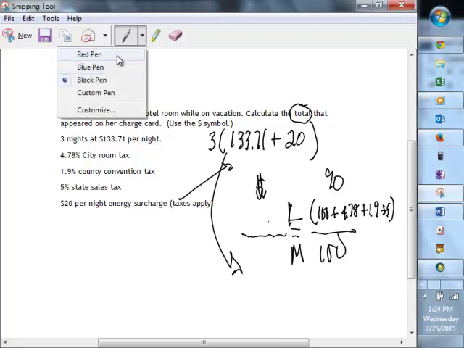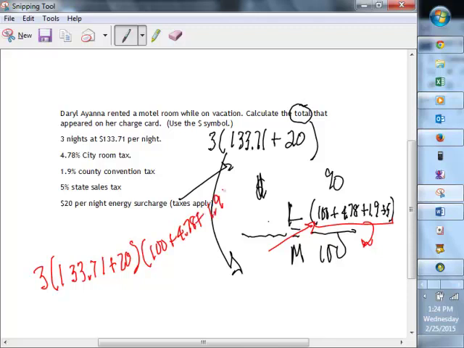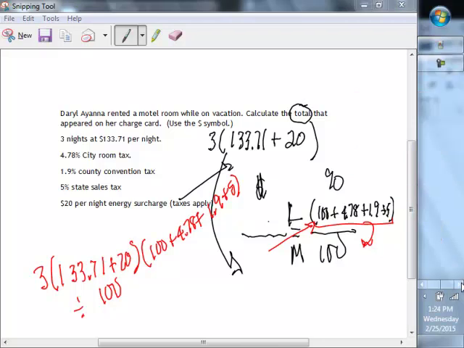So now when we cross multiply and divide, we're going to have 3 times (133.71 plus 20), multiply that by (100 plus 4.78 plus 1.9 plus 5), and divide that by 100. Okay, so let's get out our calculator.